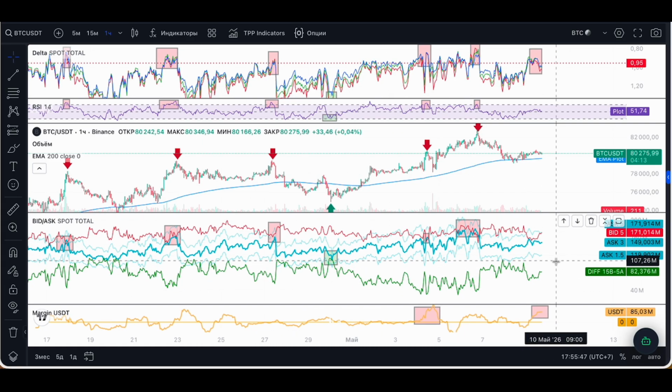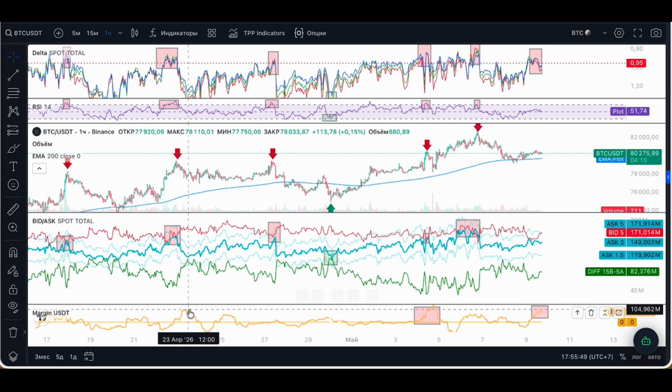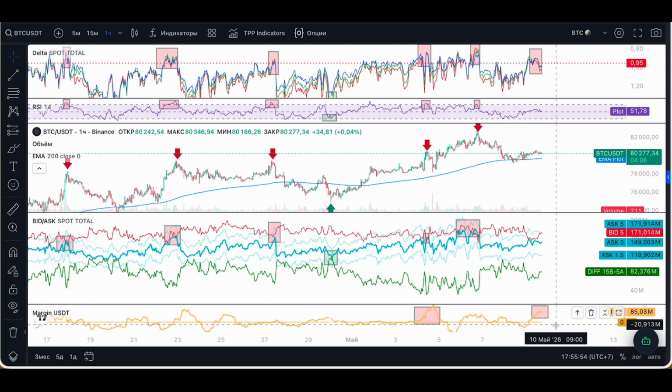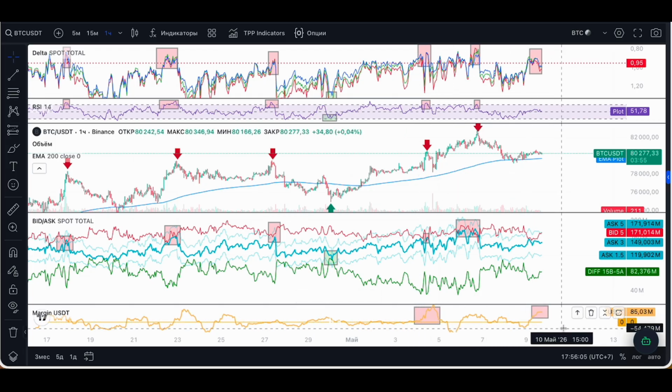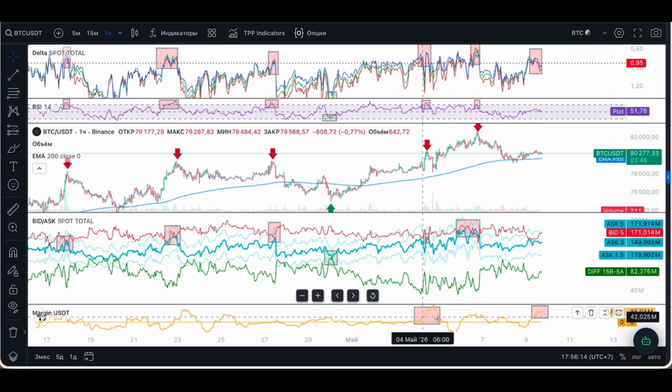Also, as an additional condition, I'm looking at the margin indicator, which shows how much USDT is borrowed on Binance for buying spot coins by users. When this line goes far beyond zero, this means that a lot of USDT is borrowed for buying spot coins, and when this happens, the market maker tends to liquidate them.